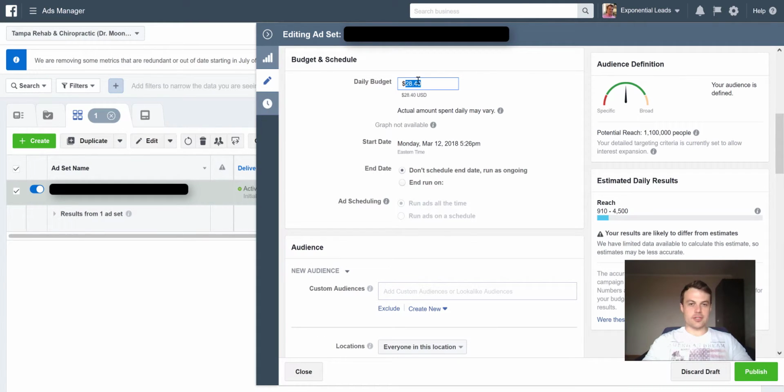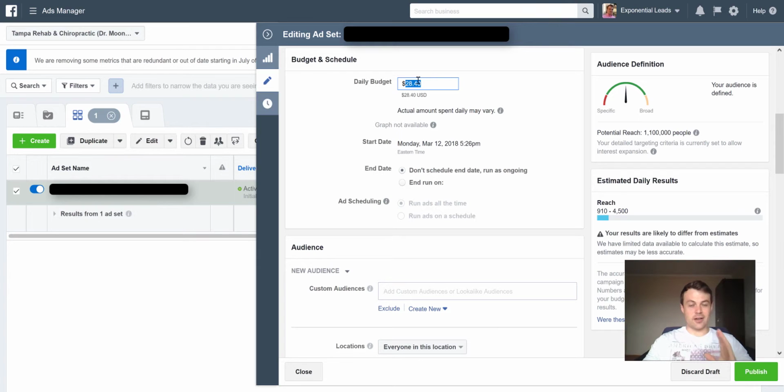I found that 20% is kind of like the ideal range. It's also what a lot of the big names in the Facebook advertising industry recommend. Some a little more, some a little less, but 20% is what I found to be the sweet spot as well.